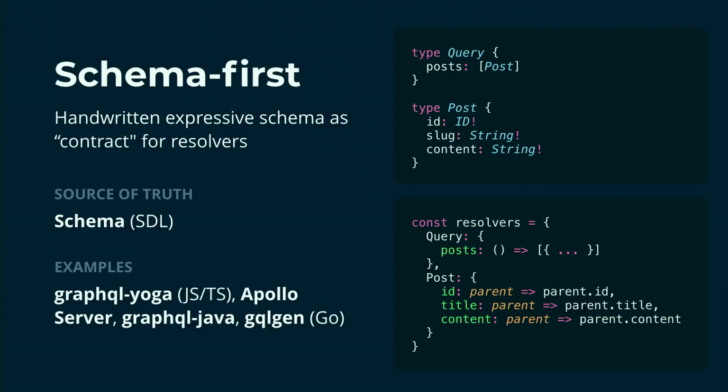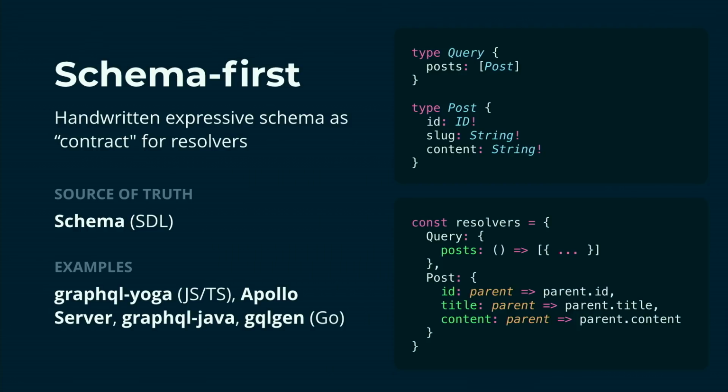And this is the approach I want to focus on today, since I think most of us here have used this approach, and I think it's a great approach. It just also brings a couple of problems with it, and this is what I would like to talk about. So I'd be actually curious, who of you has built a GraphQL server with a schema-first approach?